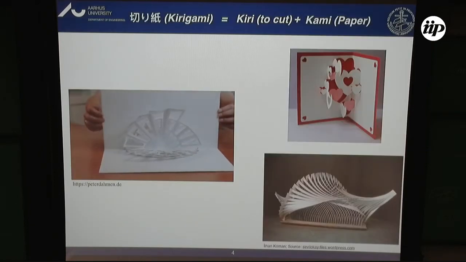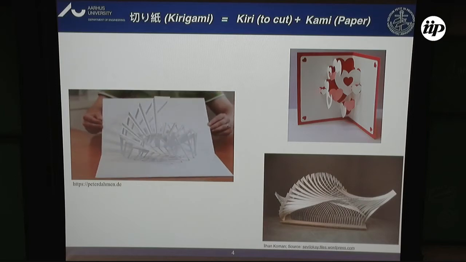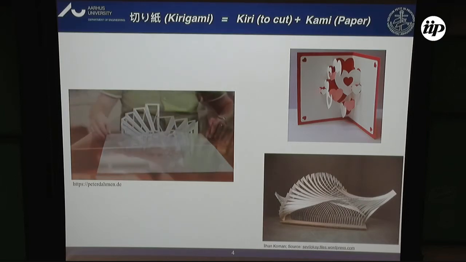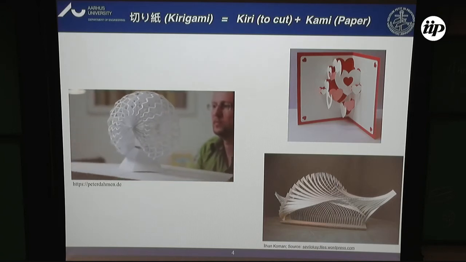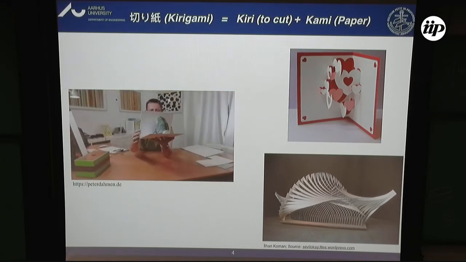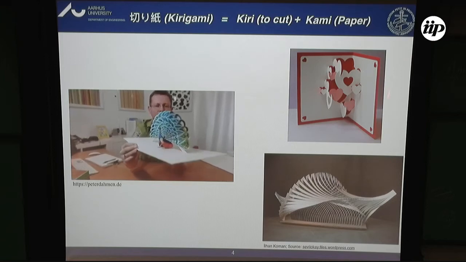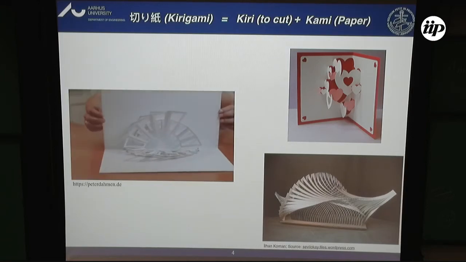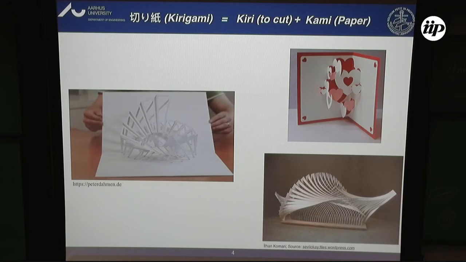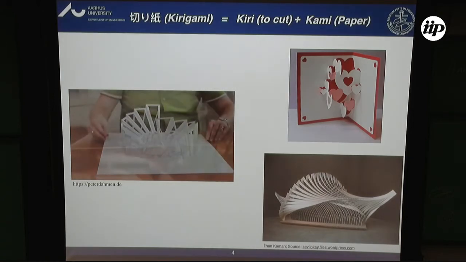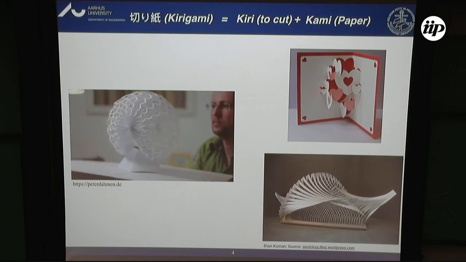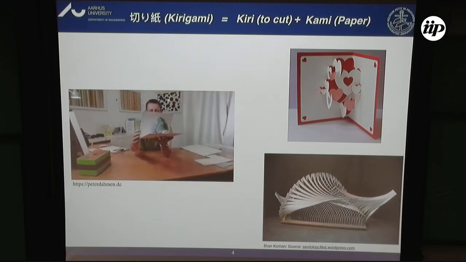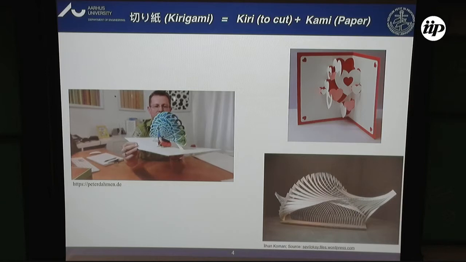Okay, so what is this talk all about? It's about Kirigami, and this is something that's probably familiar to everyone in this room. So if you have ever been cheesy enough to give a card like this, you've collaborated with this origami idea, but it's basically cutting paper and pulling on it in order to form shapes in three-dimensional space, right?